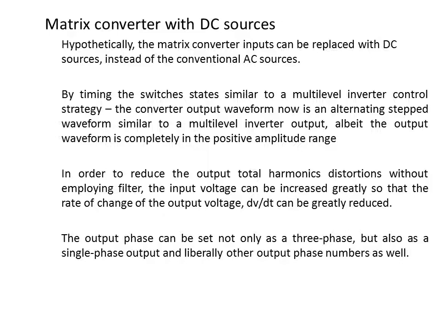In order to reduce the output total harmonic distortion without employing a filter, the input voltage can be increased greatly so that the rate of change of the output voltage, dV over dt, can be greatly reduced. The output phase can be set not only as three-phase but also as single-phase output, and liberally other output phase numbers as well.